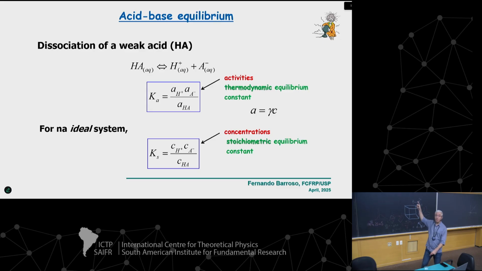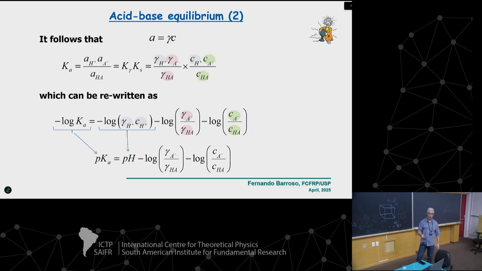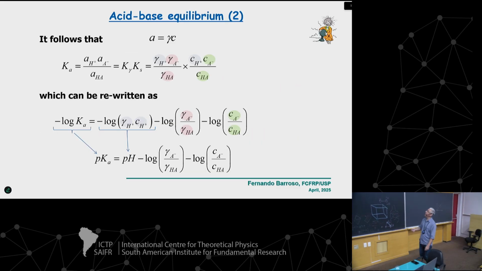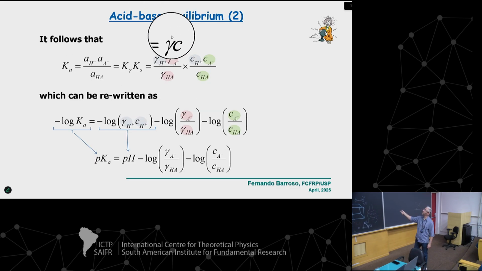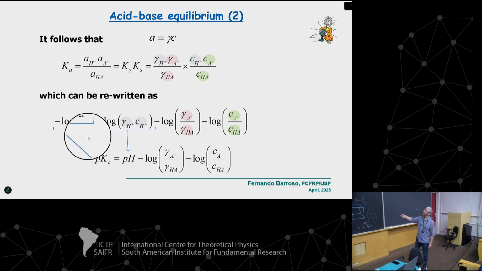Again, just remember the equation that I showed you this morning. So if you try to take the equations and now, instead of just activities, we remember that an activity is this factor here, the activity coefficient, times the concentration, and we write down the terms. We can play a little bit with the math. We can calculate the log. So that's what I did.